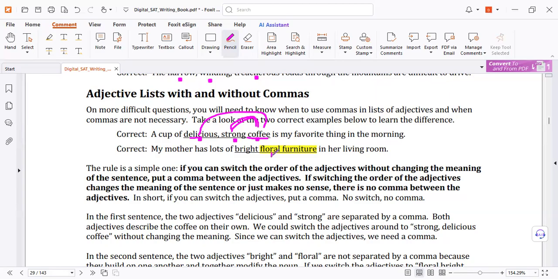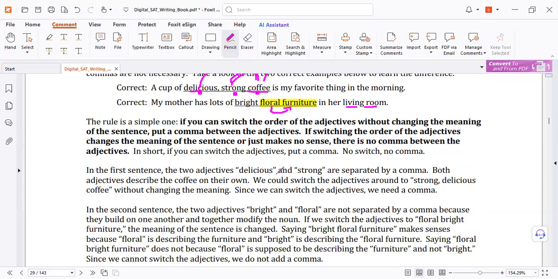But here floral does not describe the furniture. As I see, living room: does living describe room? No, it's not a feature of the room. It's like a noun. And don't worry, we'll not test you for that. We'll test you for the adjectives. You will find two adjectives.